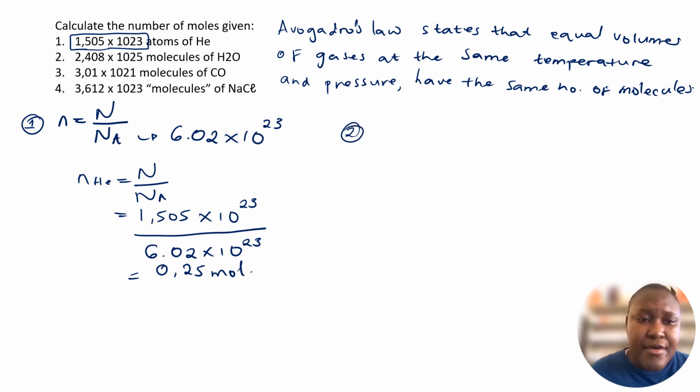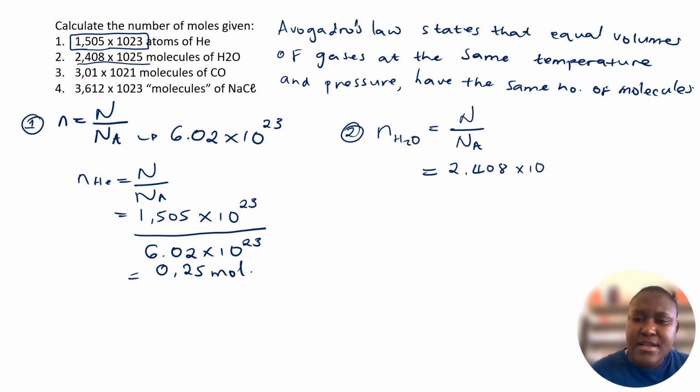Now the second one says, calculate the number of moles given 2.404 times 10 to the power 25 molecules of H2O. You're looking for the number of moles of H2O. The formula is n, number of moles, equals the number of molecules divided by Avogadro's constant: 2.408 times 10 to the power 25 divided by 6.02 times 10 to the power 23.